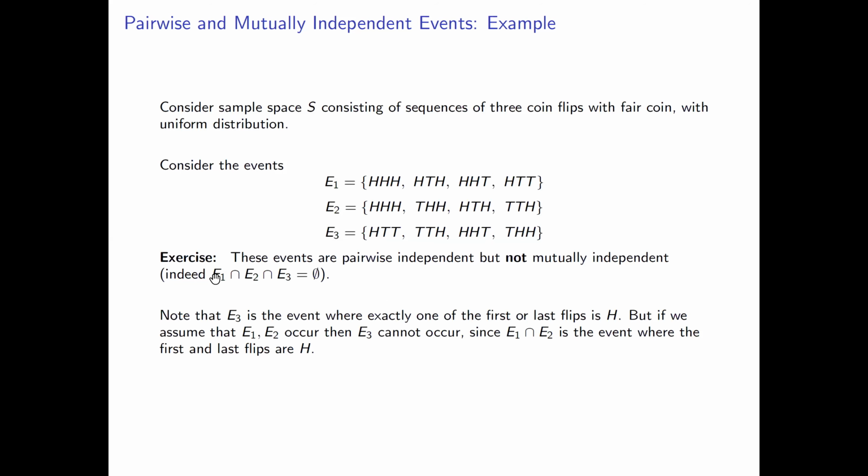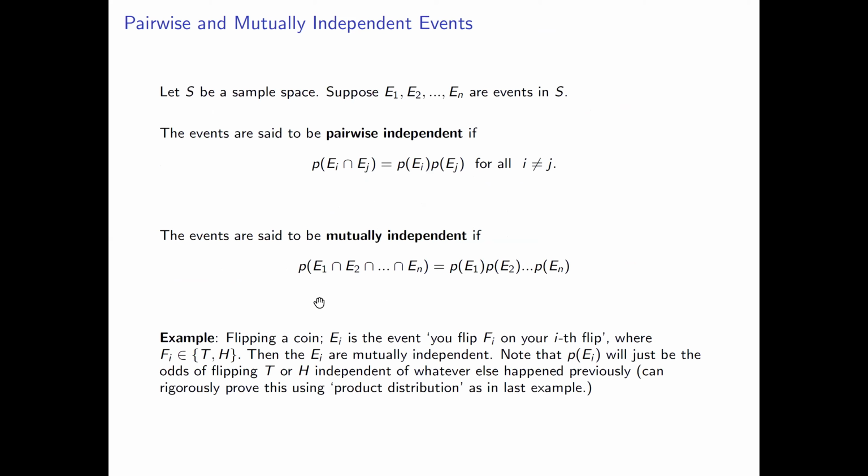That's relatively easy to check for this case as well, because if I look at the intersection of all 3 of them, the intersection is going to be empty. So the probability of the intersection of all 3 of them is 0. However, the probability of each of these individual events occurring is not 0. So when I multiply the 3 probabilities together, I'm not going to get 0. Therefore, if we go back to this formula, it will fail for these 3 sets, even though they're pairwise independent. So this example shows that these notions are actually distinct things and they're not the same.